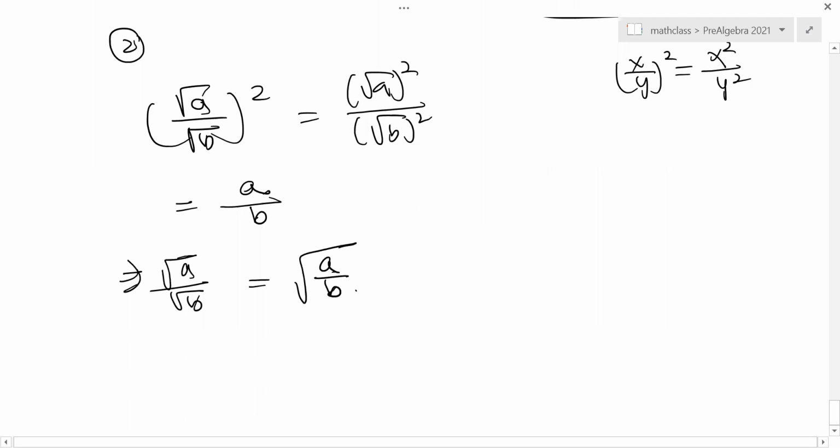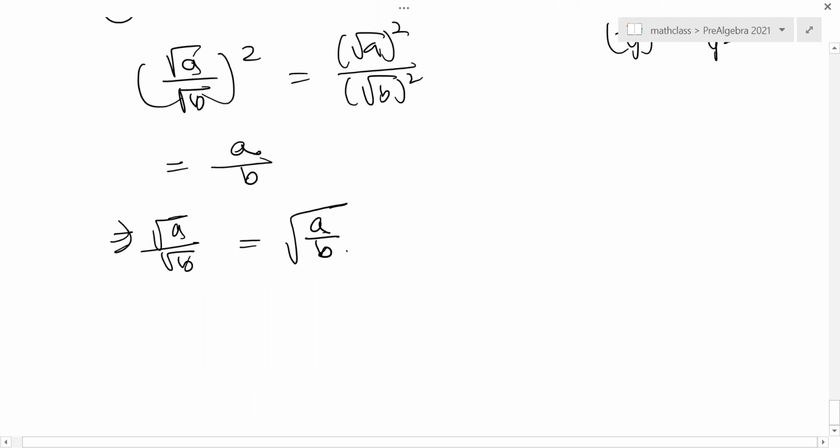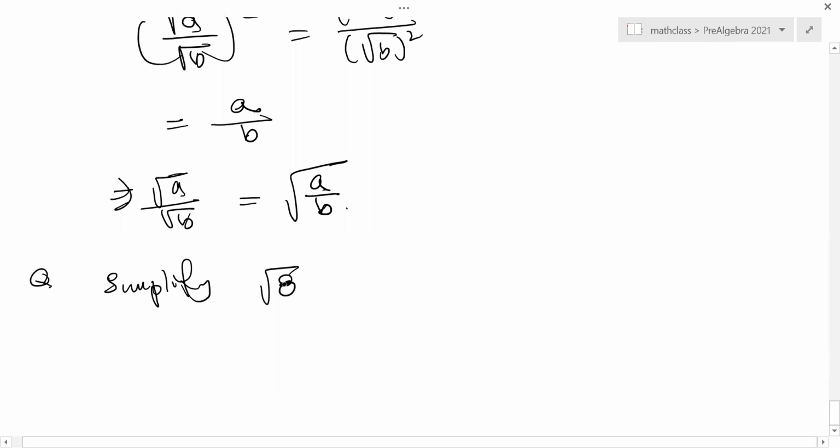By using this, we are able to simplify some radicals. For example, simplify the square root of 8. 8 is going to be 2 times 4. 4 is a perfect square, 8 is not.